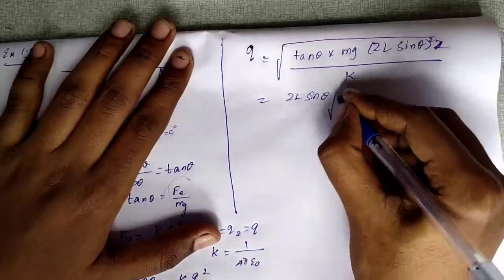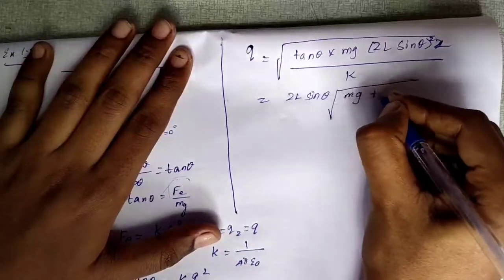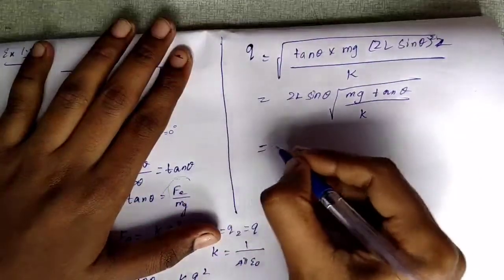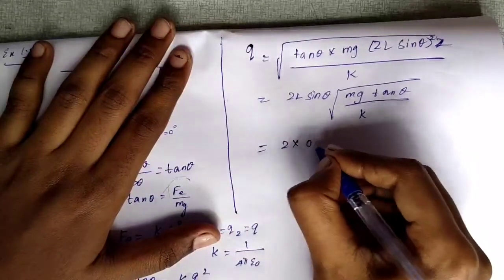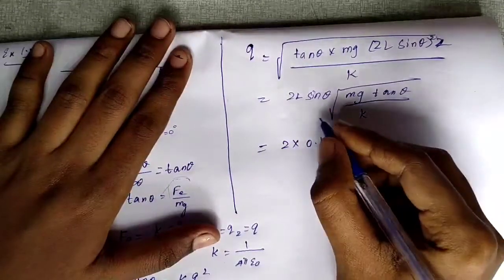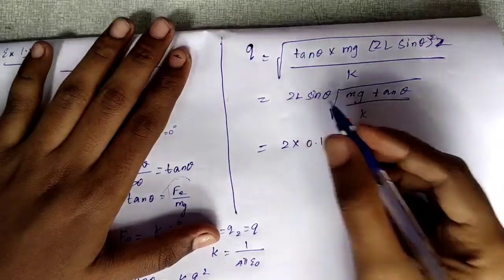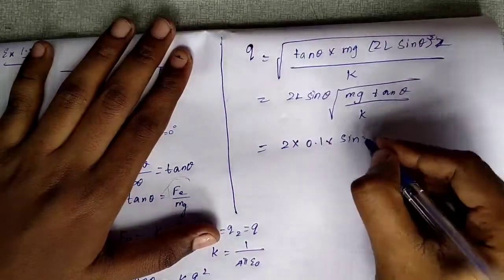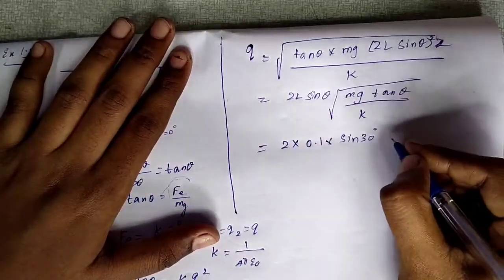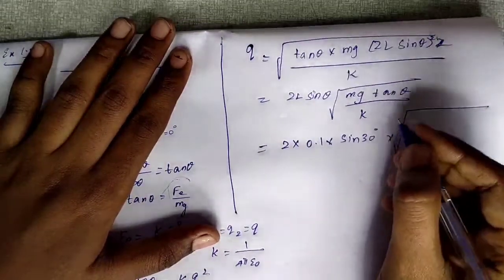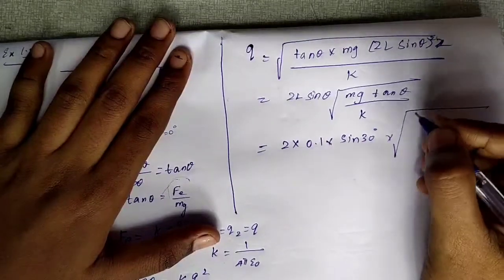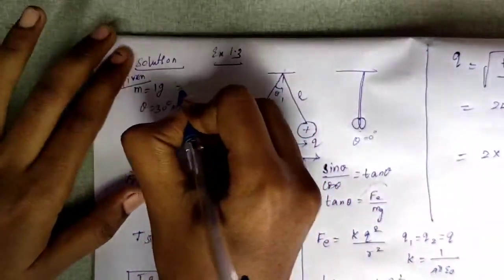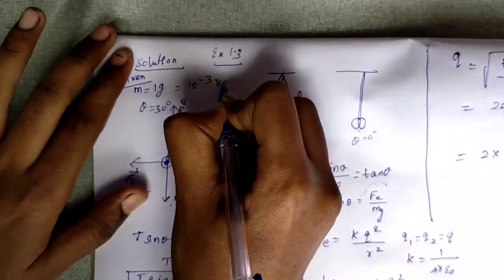Then we have square root of mg tan theta by K. Then 2 into 0.1, that is our L, which is given as 0.1, and sine of theta, which is 30 degrees, into square root of, what is our m? 1 gram. 1 gram can be written as 10 power minus 3 kilogram.